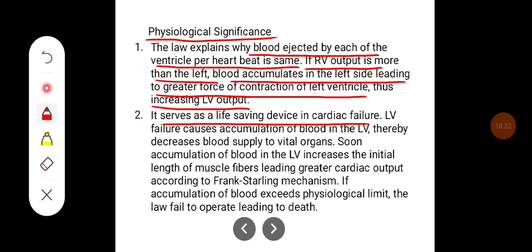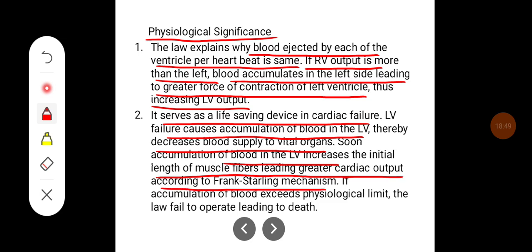Left ventricle failure causes accumulation of blood in the left ventricle, thereby decreasing the blood supply to the vital organs. Soon, the accumulation of blood in the left ventricle increases the initial length of the muscle fibers, leading to greater cardiac output according to the Frank-Starling mechanism.